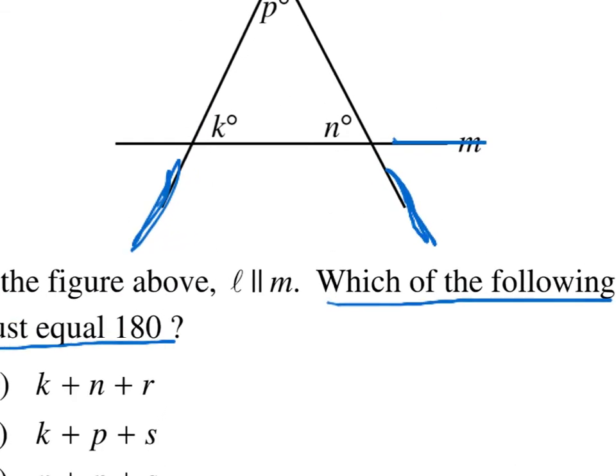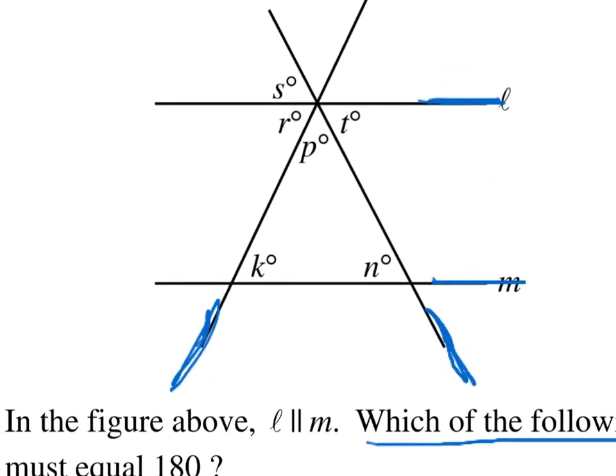So let's zoom on in here, and what's a good number for k? Let's do 50, 60, and 70 for k, n, and p. That's my personal suggestion for random three angles of a triangle, 50, 60, and 70.